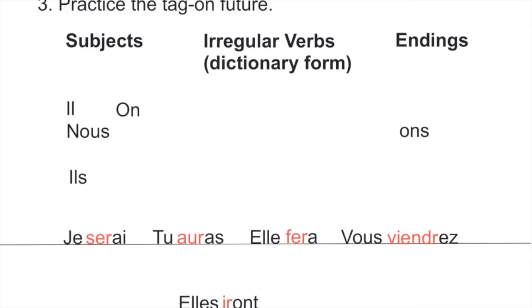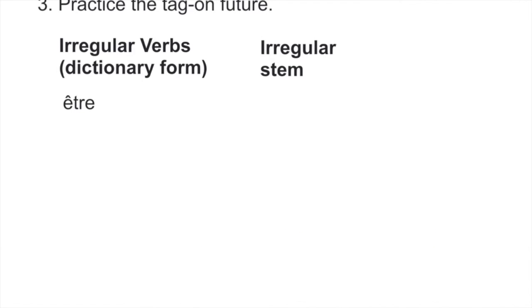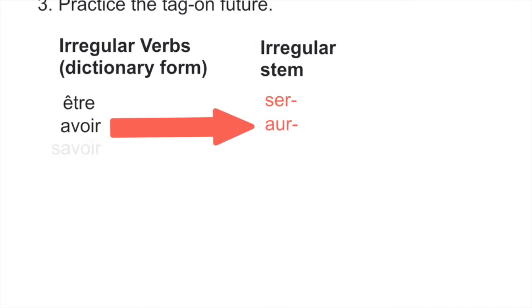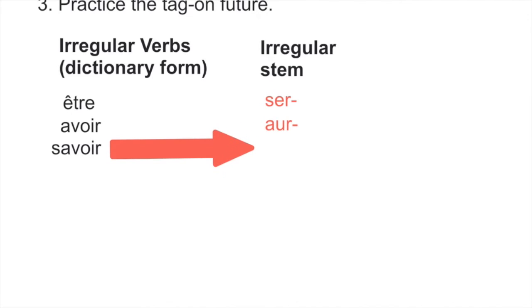So you need to get used to these stems, which is a polite way of saying you need to learn them. But don't worry, it's not a one-off. They are used in other parts of the French grammar. So here are a few more irregular verbs. We've seen être and avoir already. Well, savoir, to know, not surprisingly, looks very much like avoir.